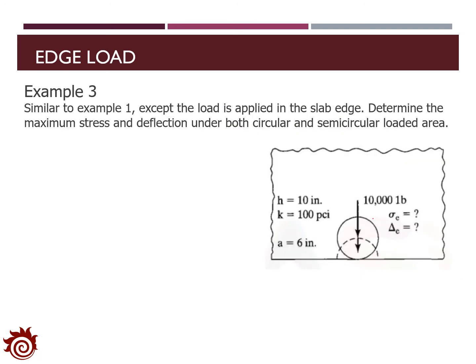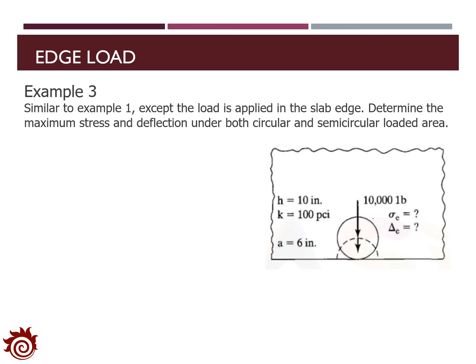Now let's see another example for the estimation of the maximum stress and deflection caused by the edge load. We will apply the same example as the first one, except the load is applied at the slab edge. And here we will consider the two situations, full circular and semicircular load.